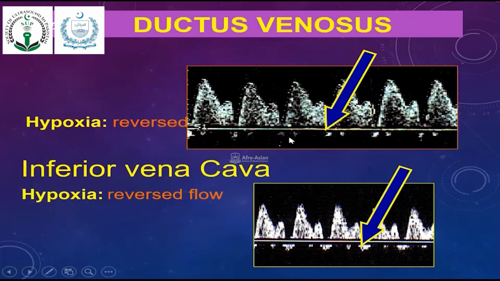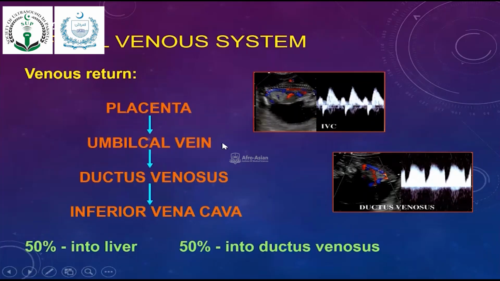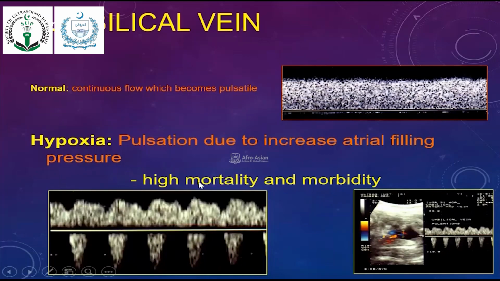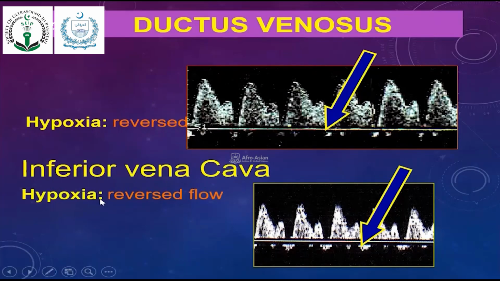So if we get reversal in the ductus venosus arterial component, it indicates hypoxia. In the inferior vena cava, again reversal of flow is indicative of hypoxia. So we look at the umbilical vein, ductus venosus, and inferior vena cava.